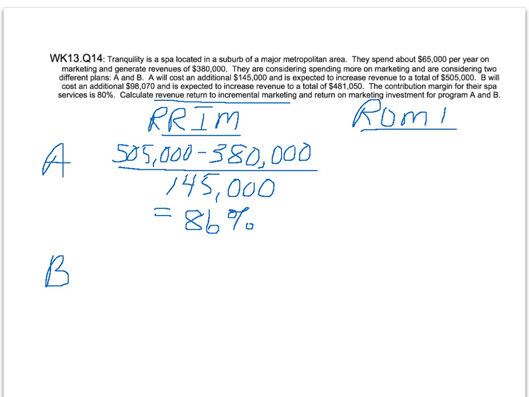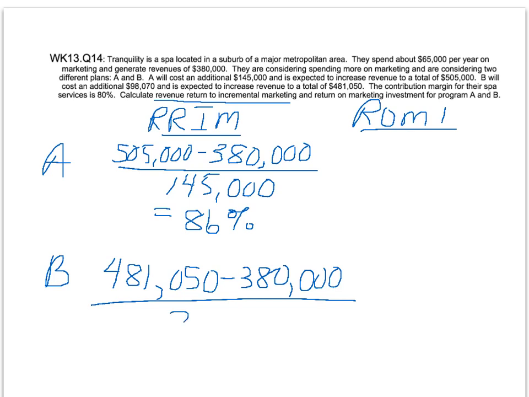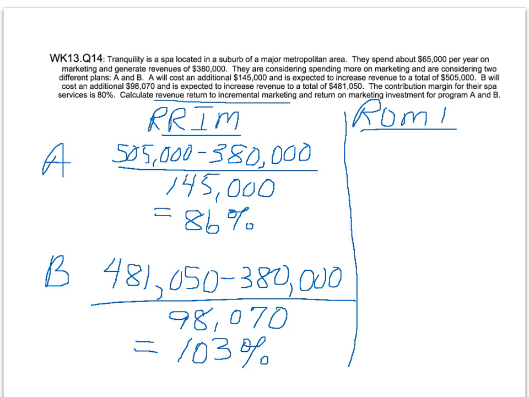Revenue return for program B, on the other hand, it's expected to generate revenues of $481,050 minus $380,000, which was our baseline sales, all divided by the expenditure of $98,070 for a revenue return of 103%.